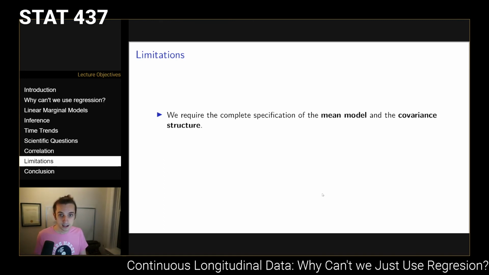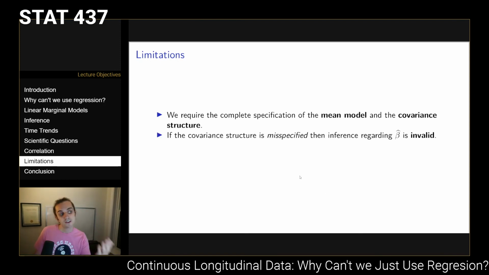And the problem is that in real data, you're almost never going to be able to correctly specify these things. If the covariance structure is misspecified, then inference regarding our beta hat is invalid. If we do not correctly specify the covariance based on the maximum likelihood, this is not going to work.